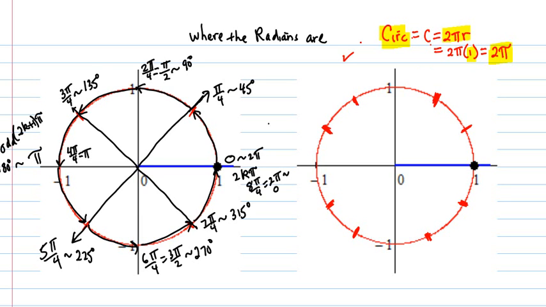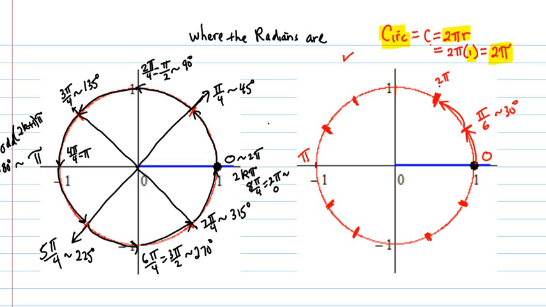Then over on this circle on the right, we're going to go over the pi over 6s. So this again is 0 radians, and this is pi, divided up into 6 equal divisions. So this one is 1 pi over 6, which is coterminal to 30 degrees. Another pi over 6 gets you to here.